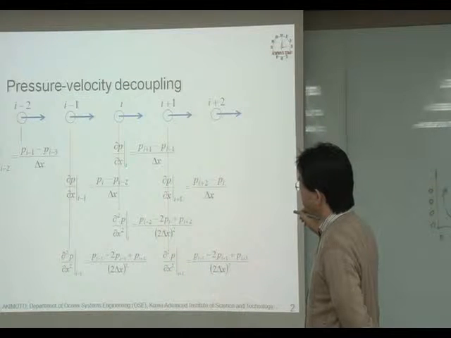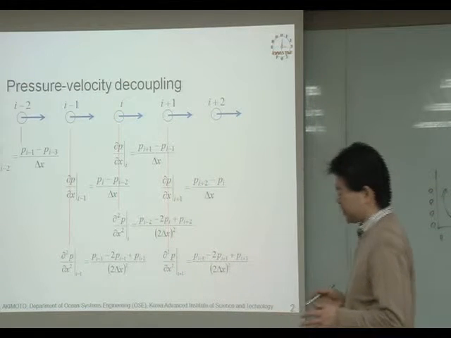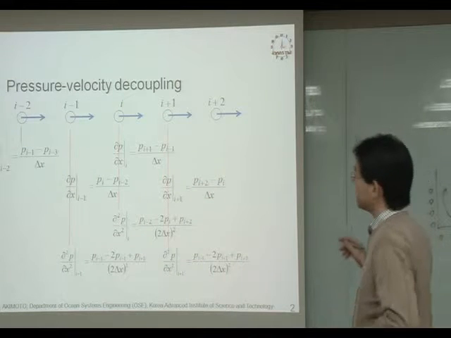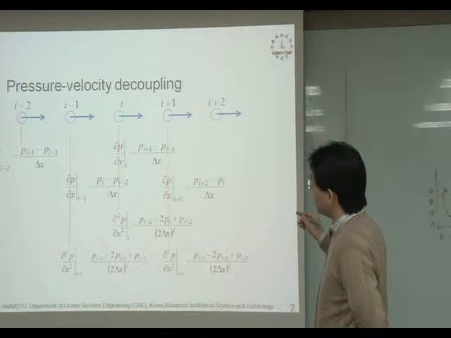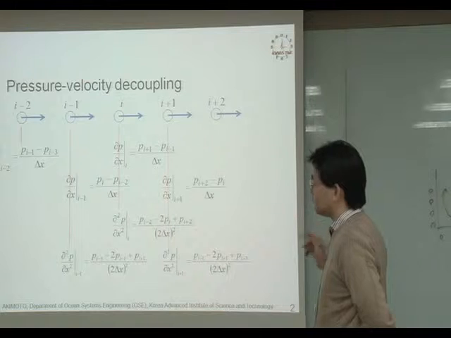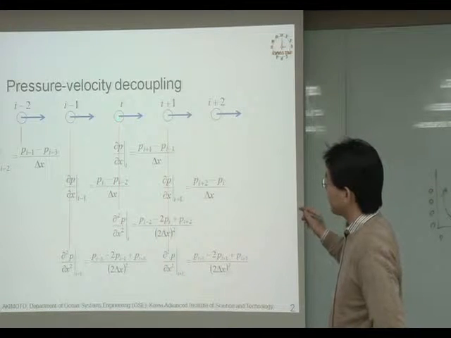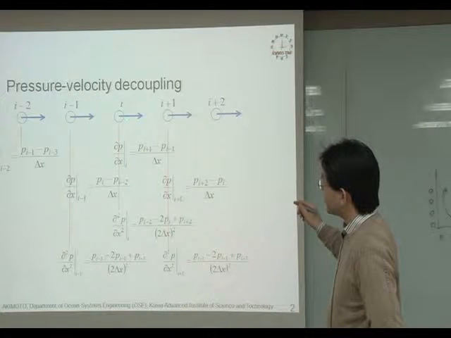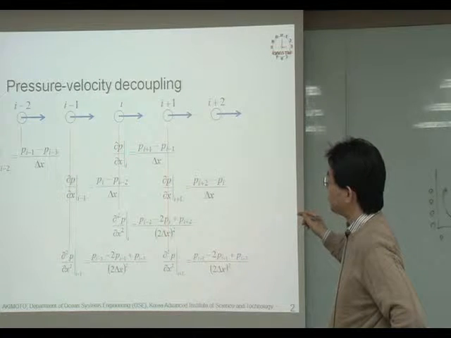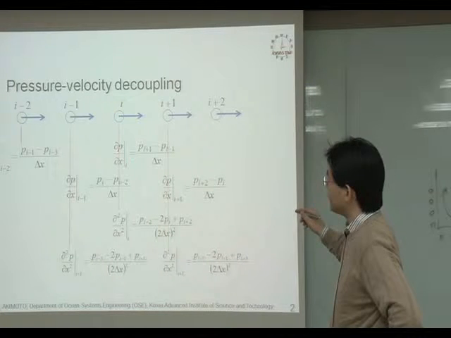The pressure gradient, if it is in collocated definition, how can we get the pressure gradient at this point? In this case, ∂p/∂x at position i is calculated like this.